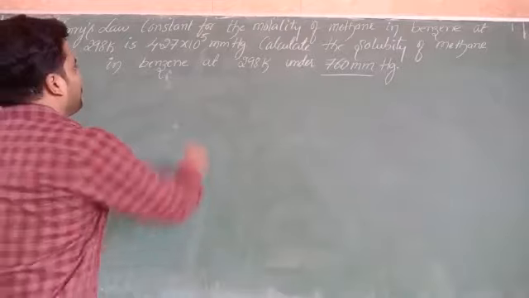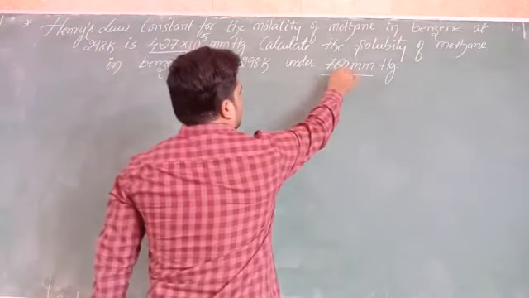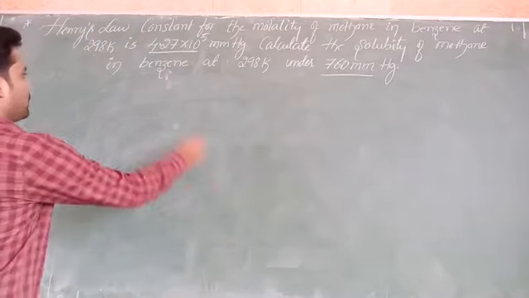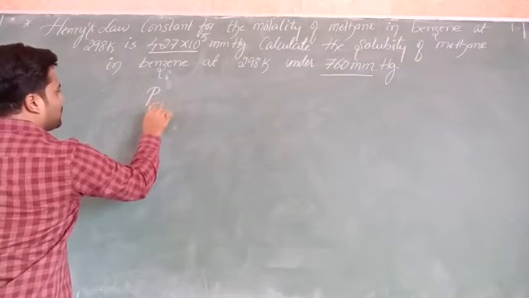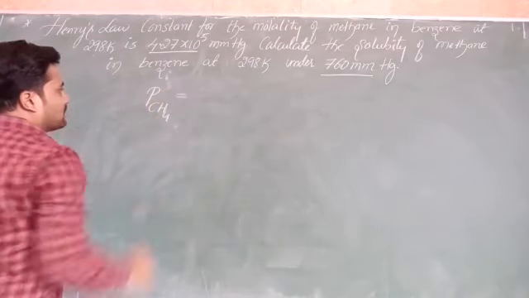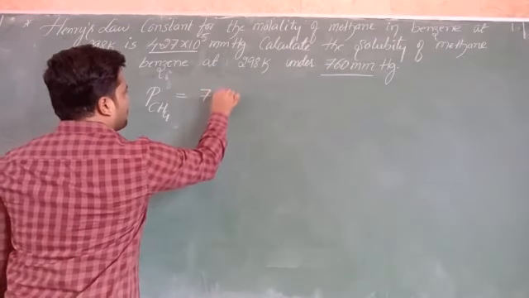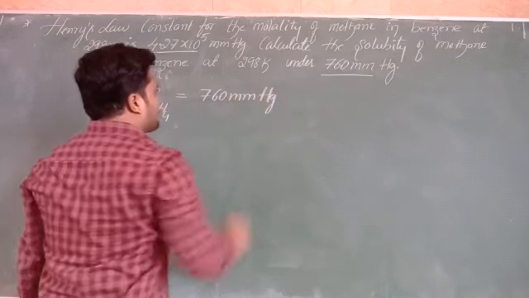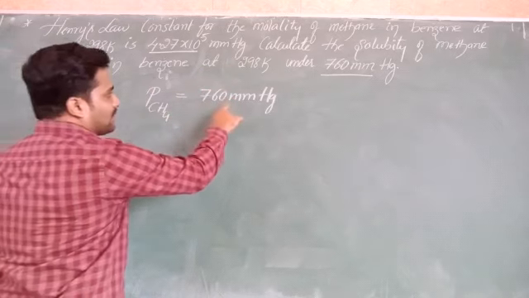Okay, so in this we have given data, that is Henry's constant, and the partial pressure of the gas. Here it is methane, that means P of CH4, the partial pressure of methane gas, is 760 mmHg. So this is given. We need to calculate the solubility of methane in benzene at this pressure.